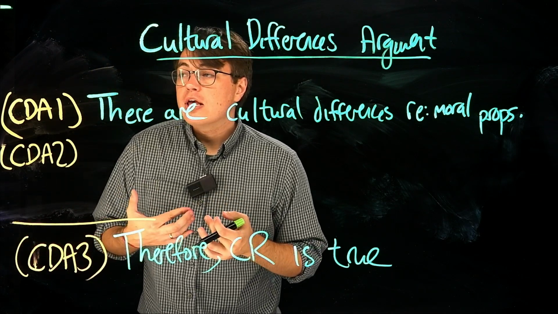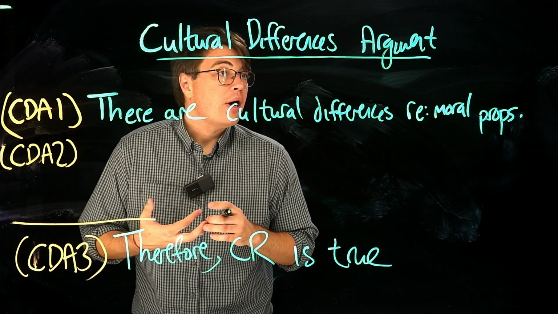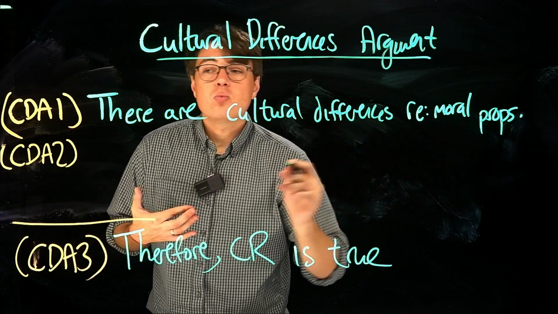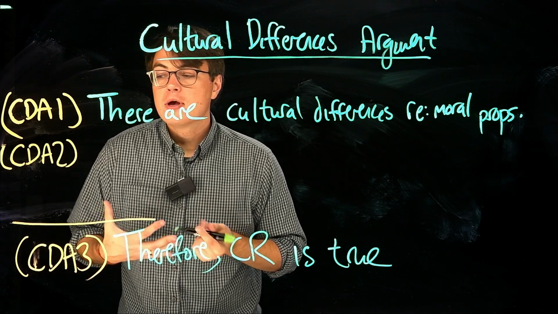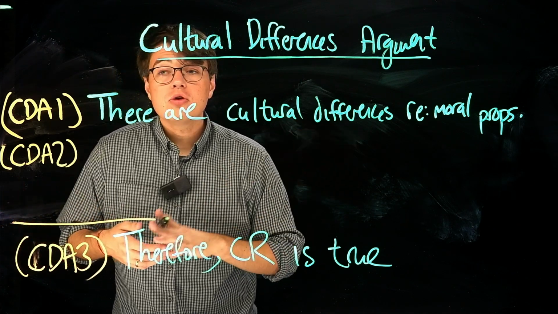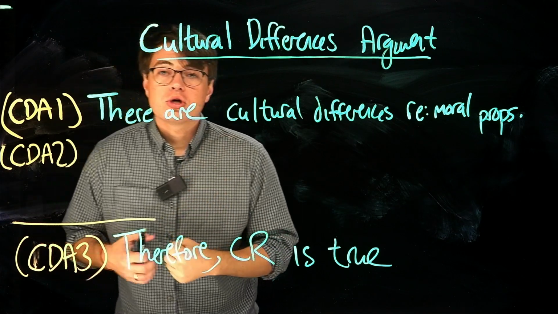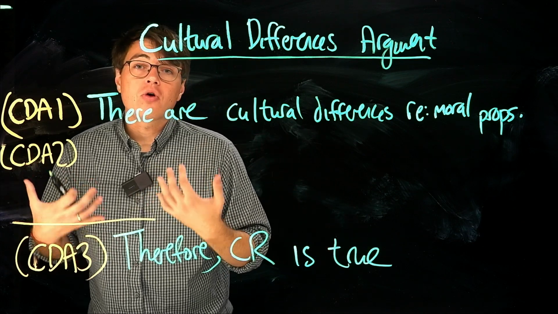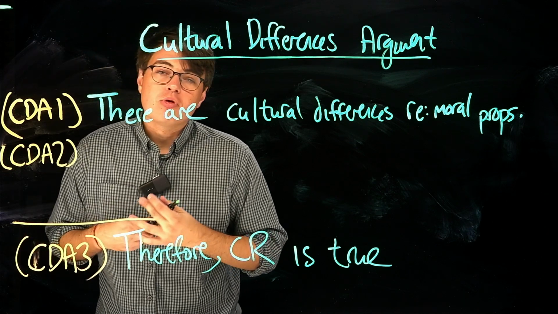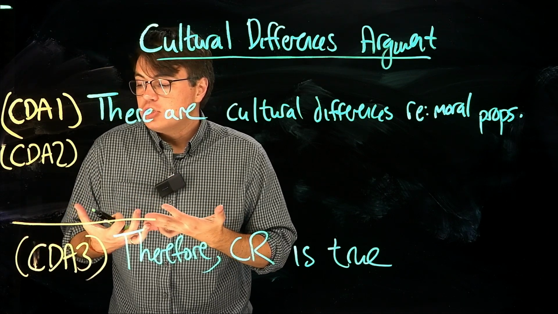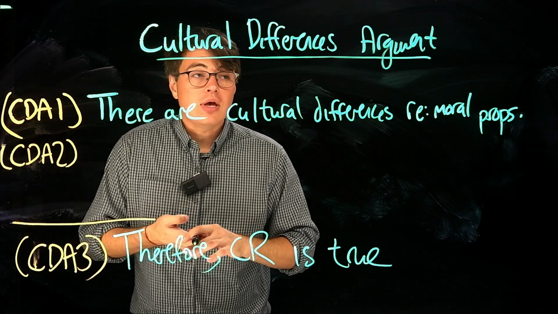All we need to do is to think of another possible explanation or another possible scenario in which there are these cultural differences, but in which cultural relativism is false. And it's easy to see that, well, it could simply be that regarding these moral propositions, one culture is incorrect or has incorrect beliefs, in the same way that other objective propositions have their truth value objectively, but there's not always unanimous agreement about what that truth value is.